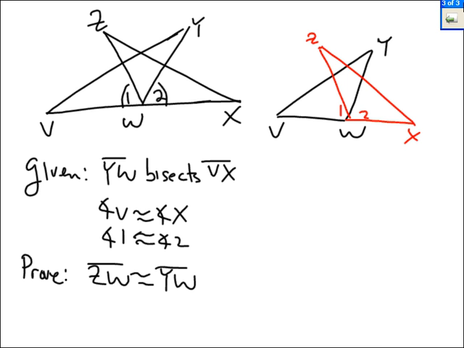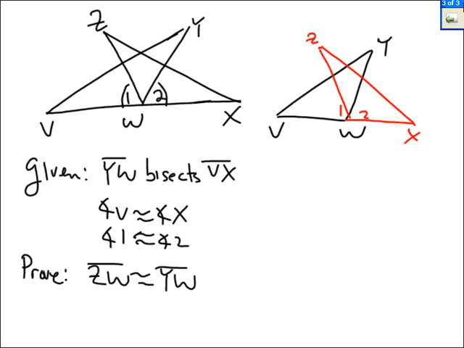Now, YW bisects VX. I have to think for a moment what that means. Okay, I was thinking that it was VW that bisects.